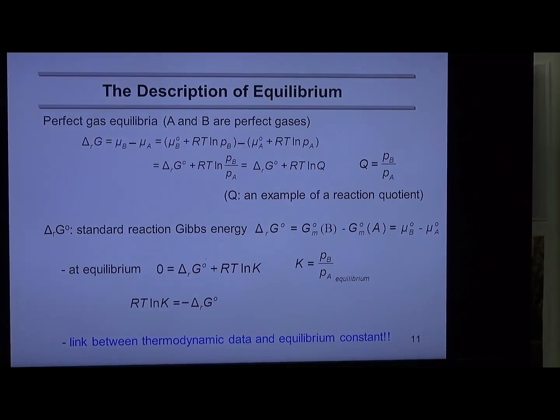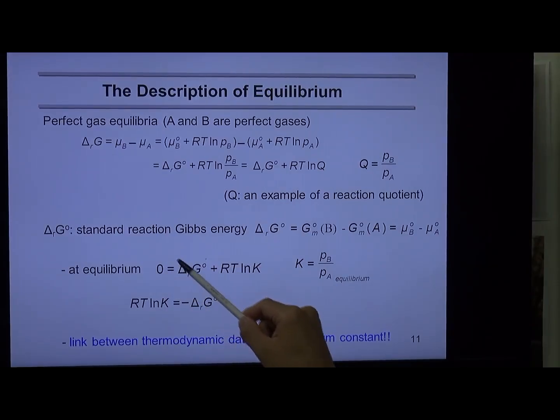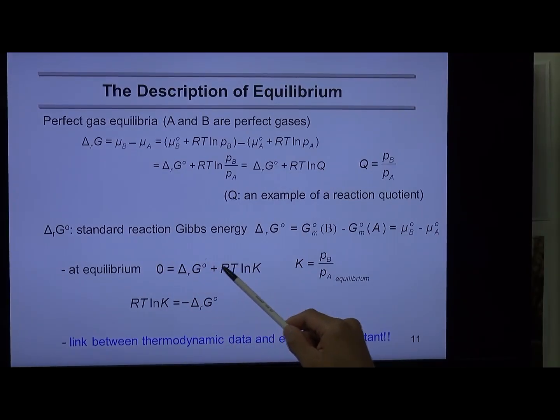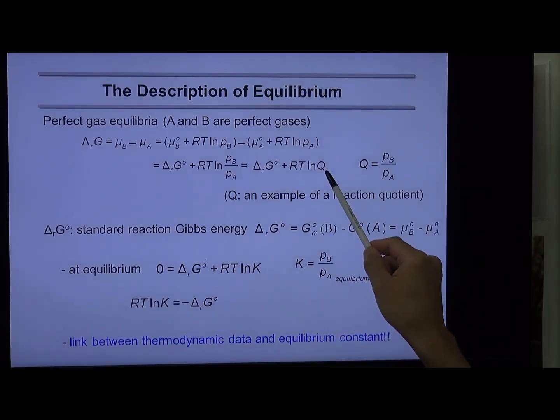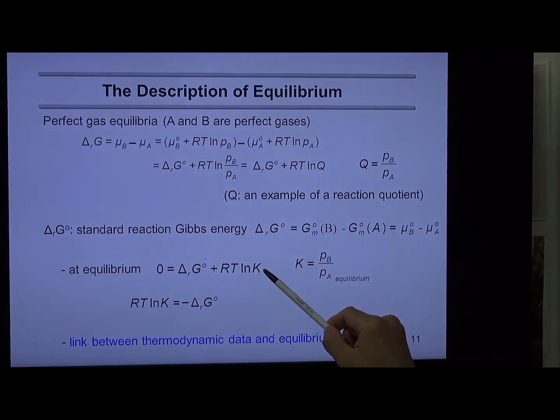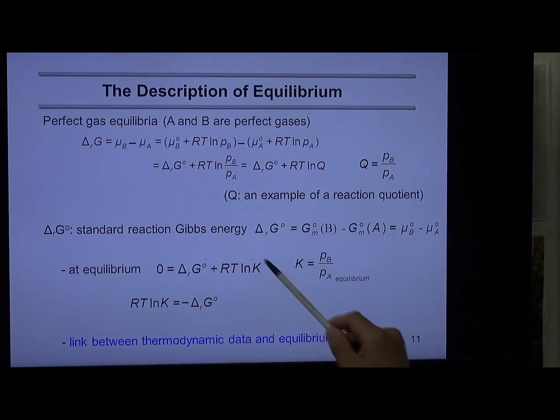Then at equilibrium, now is an important point. At equilibrium, we learned that reaction Gibbs energy is zero, right? So 0 is equal to ΔrG° plus RT ln K. Here, the reaction quotient Q is replaced by K, which is the equilibrium constant, right?